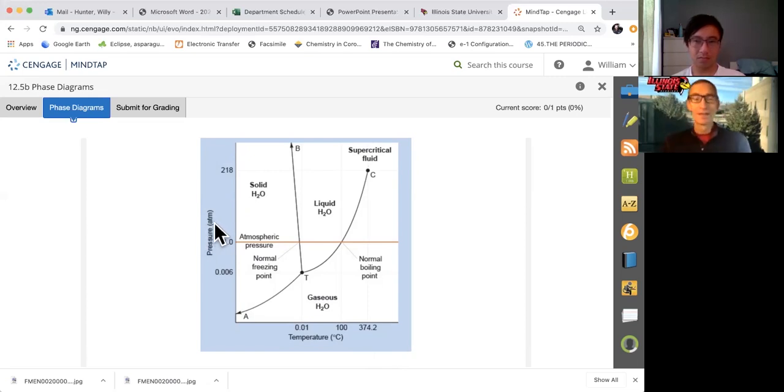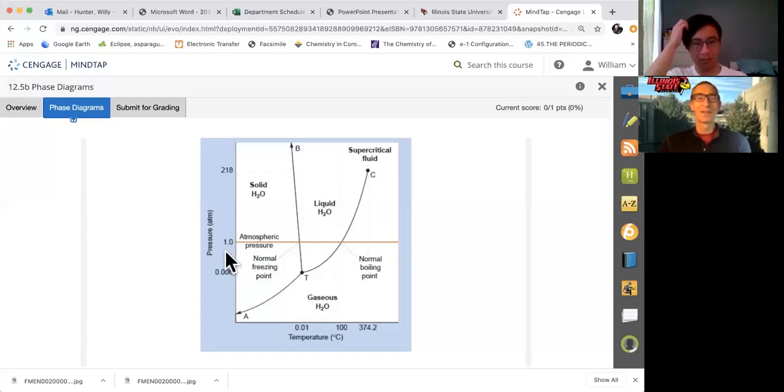So this is a graph that says what happens to this substance, which in this case is water, at various temperatures and pressures. The hard part for me when I look at this diagram is I forget that almost all of my life is hanging around this line.